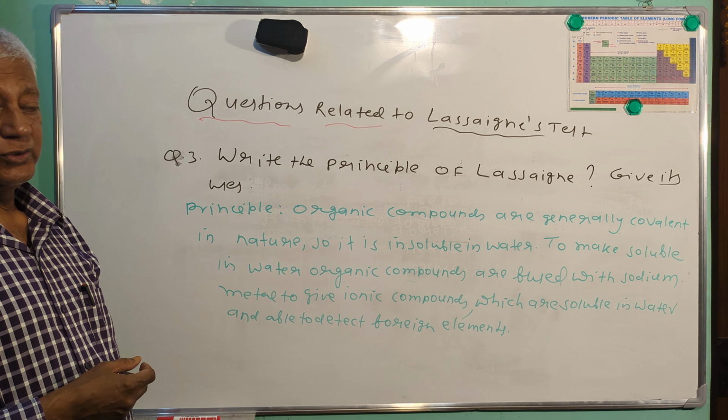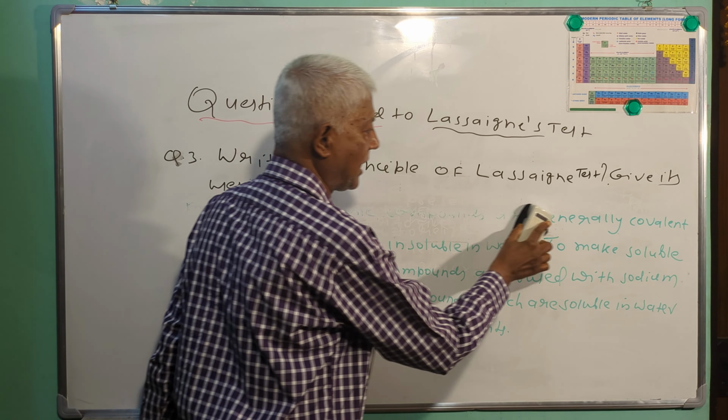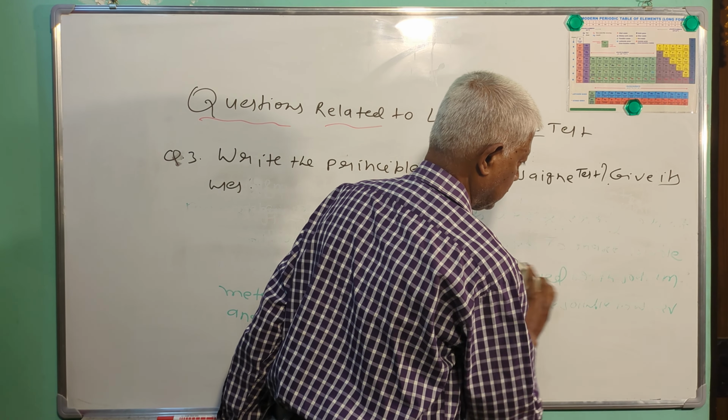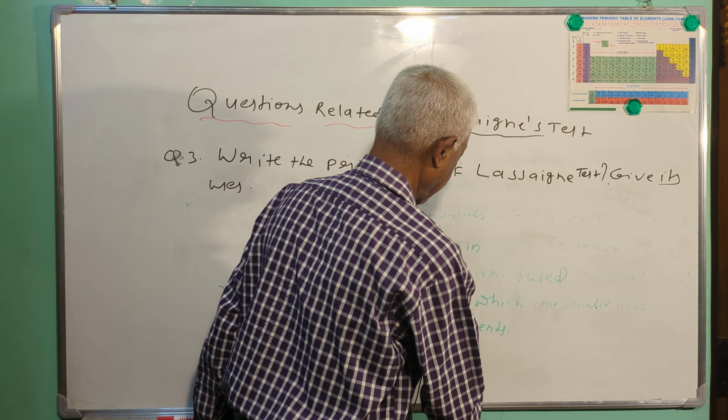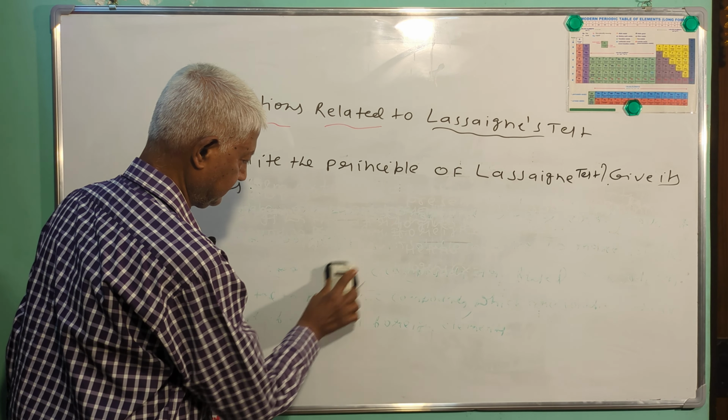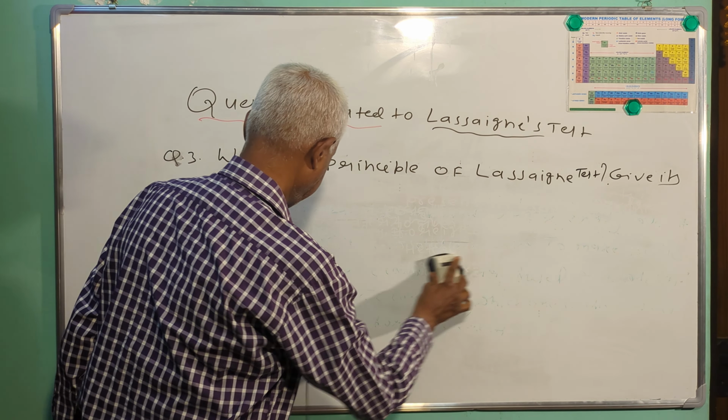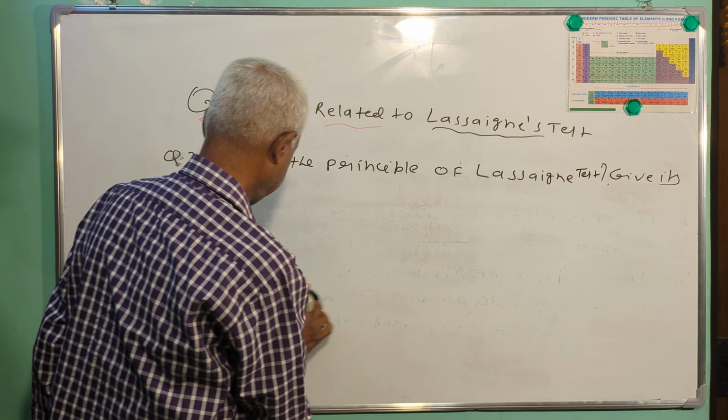It is used to detect different types of foreign elements in ionic states, like ionic compounds, as follows. So generally we have to fuse with sodium.